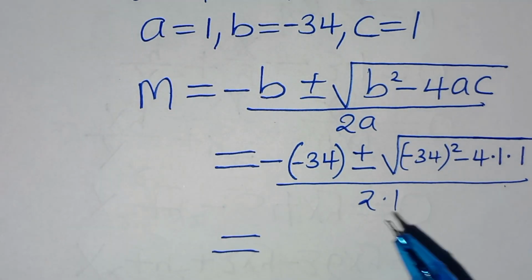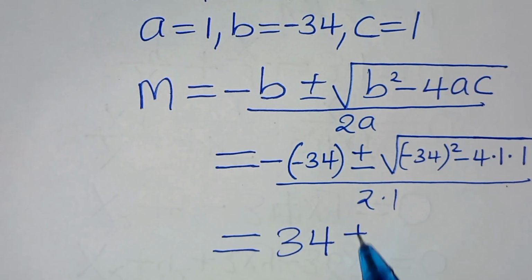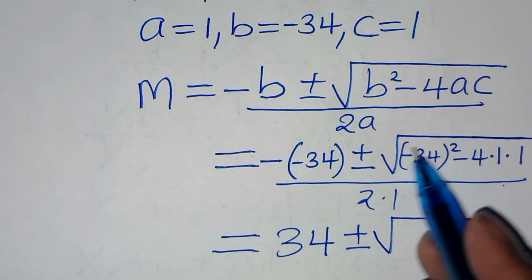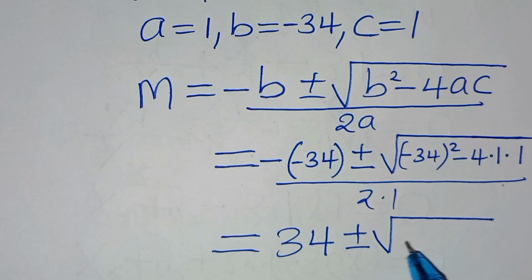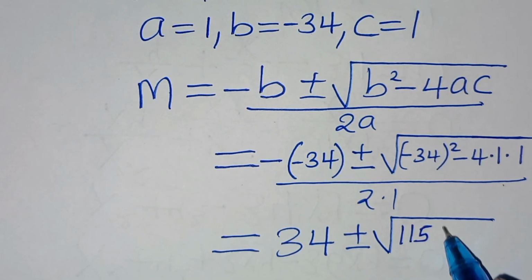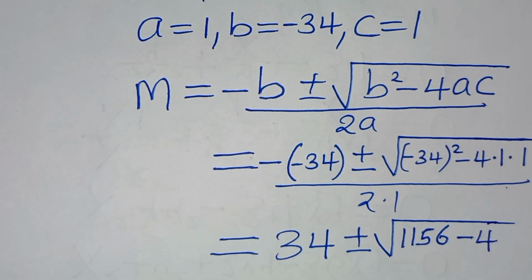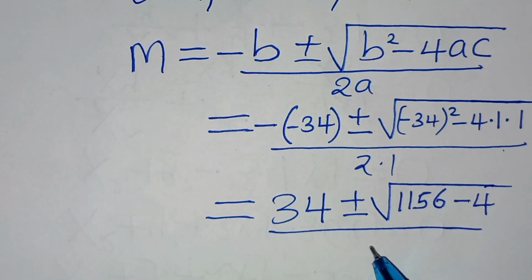So this is 34 plus or minus the square root of 1156 minus 4, over 2.